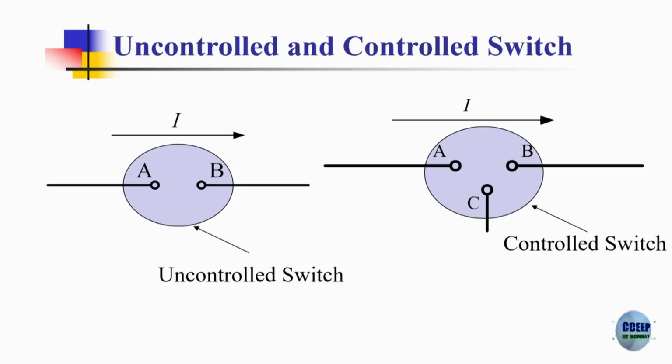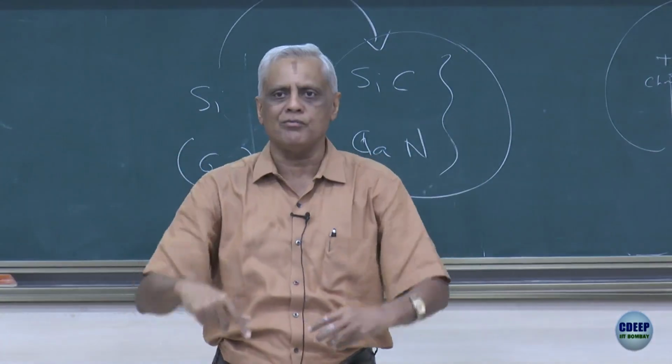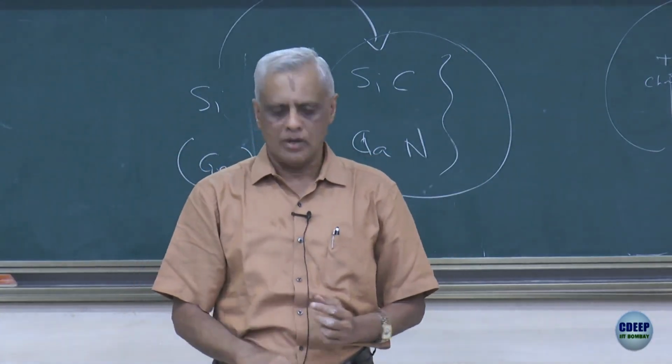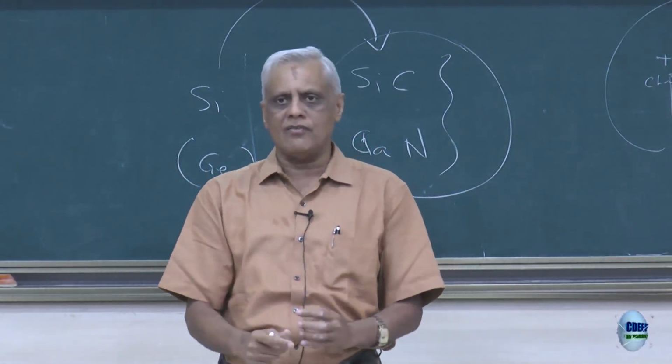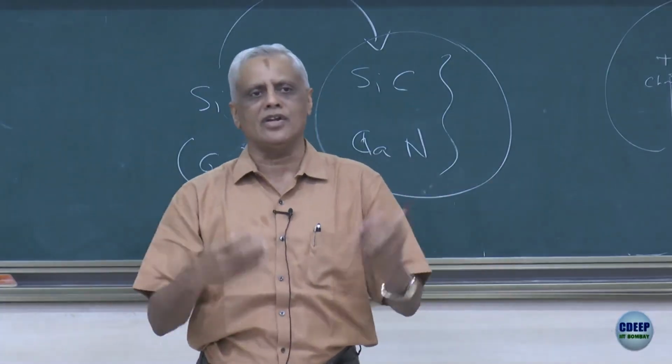Because we have seen by now the switches are the main workhorses as far as our power electronic systems are concerned. They are sitting at the heart, because in the previous diagram also you would have seen the power converter is sitting at the heart of the overall power electronic system, and the power converter has a very prominent switch that you can see, and it is the switch which is doing everything.